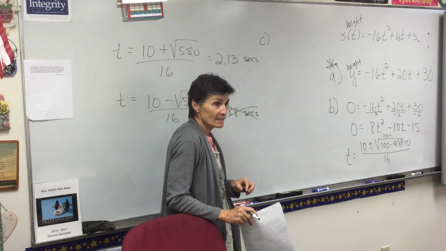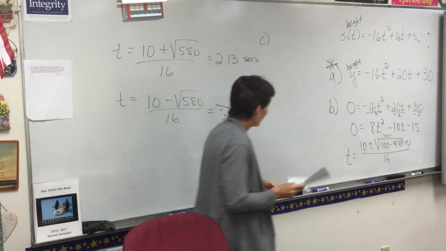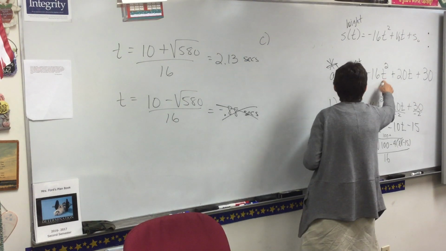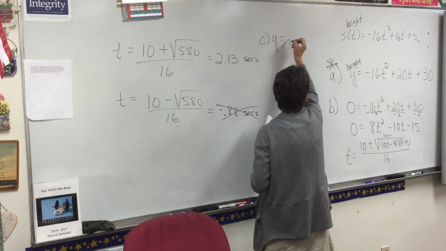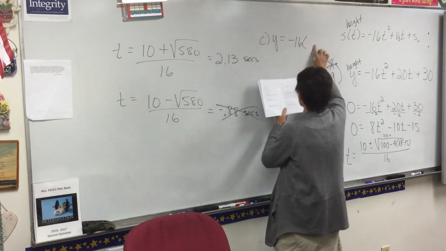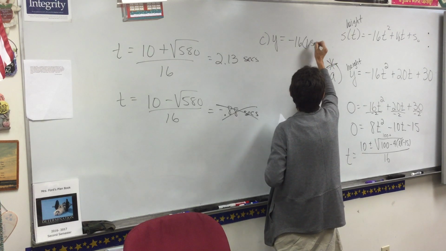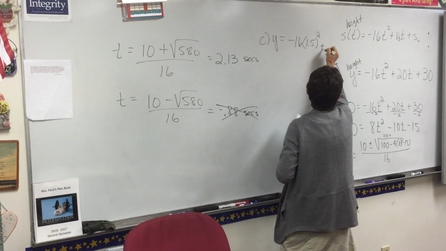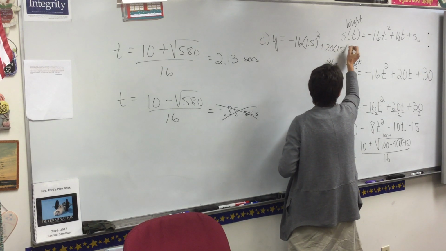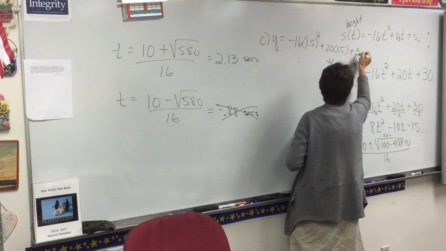Isn't 1.5 seconds a time? So of course you're going to plug it into your time variable. So y equals negative 16 times 1.5 squared plus 20 times 1.5 plus 30.